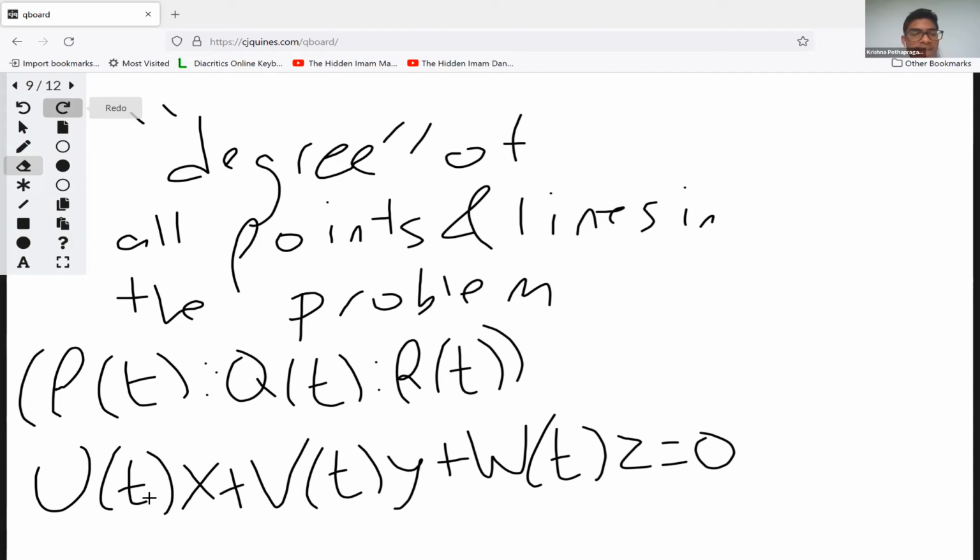Or that there's no value of t that makes all of these 0.